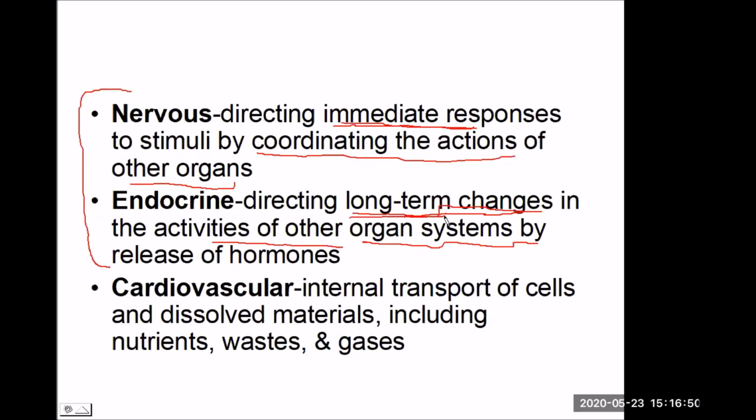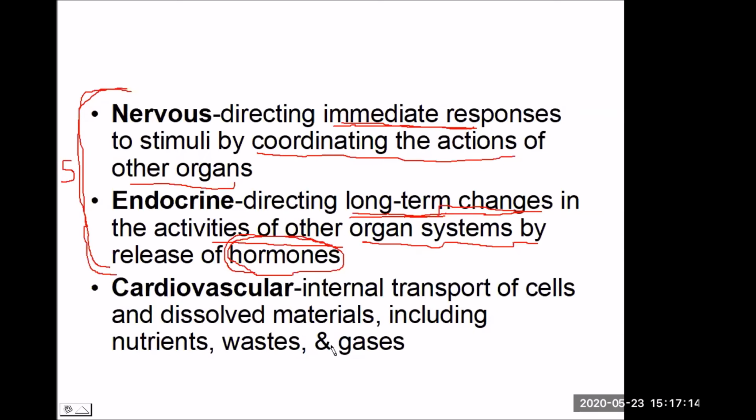It's slower to act, but has a longer lasting effect. And again, all endocrine organs have this key feature of producing hormones. But these are the two different control systems for the body. And we will study these two much later on, in the 5th unit.